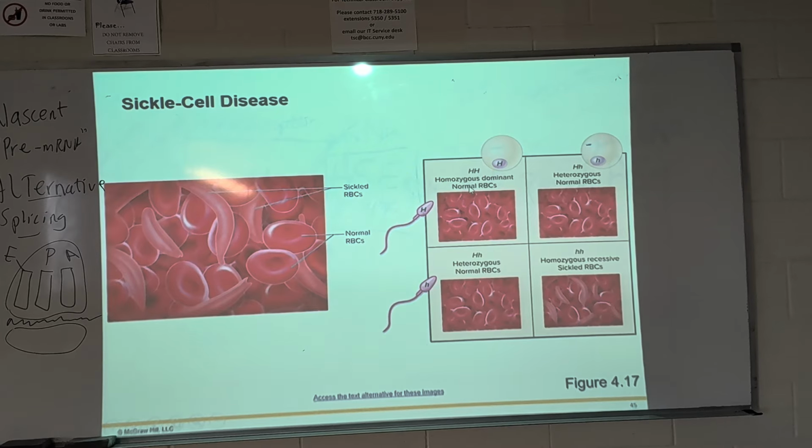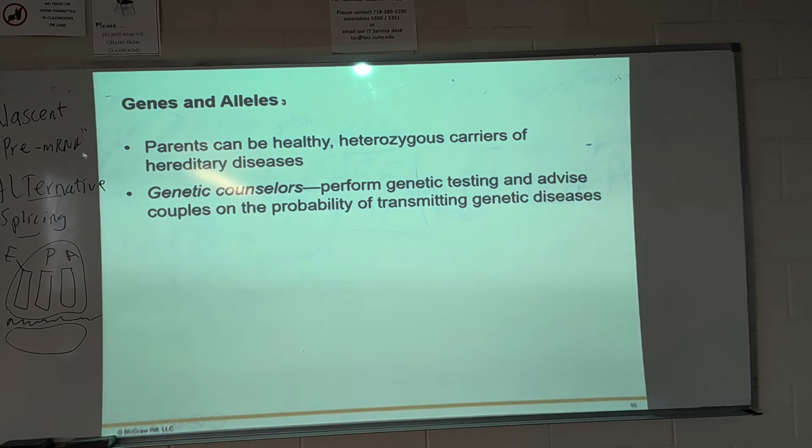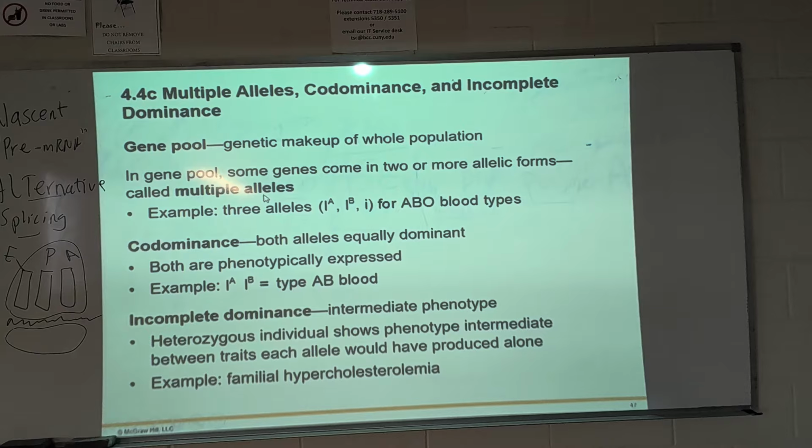So you see that people that have homozygous dominant have a healthy shape, heterozygous dominant have a healthy shape, it's the homozygous recessive that looks sickle. So the parents can be healthy, heterozygous carriers of hereditary diseases. Genetic counselors perform genetic testing and advise couples on the possibility of transmitting genetic diseases.